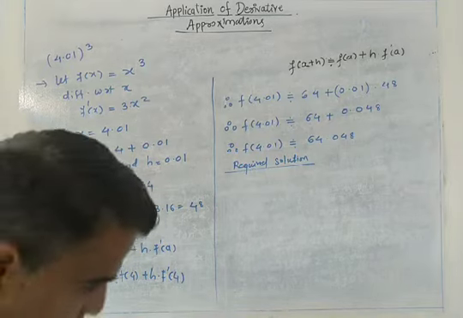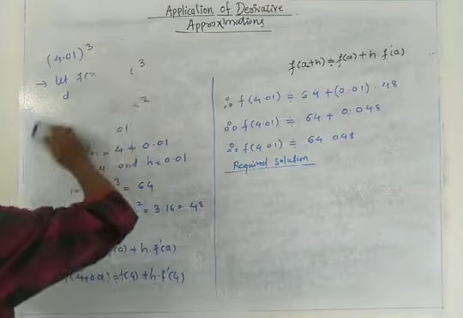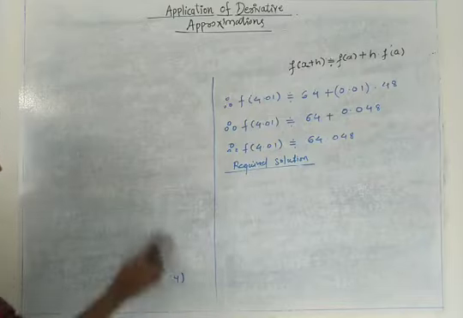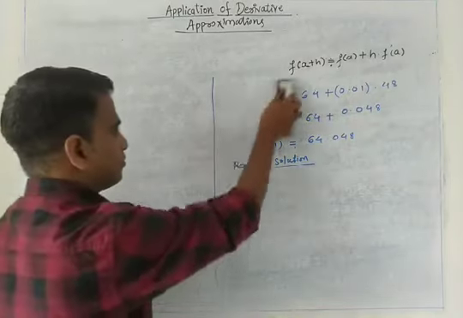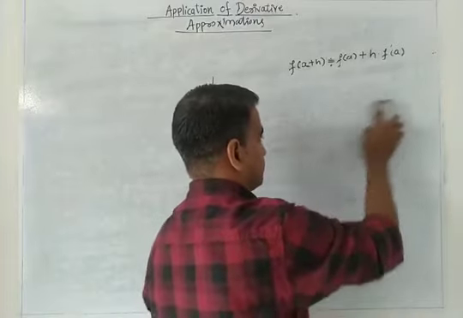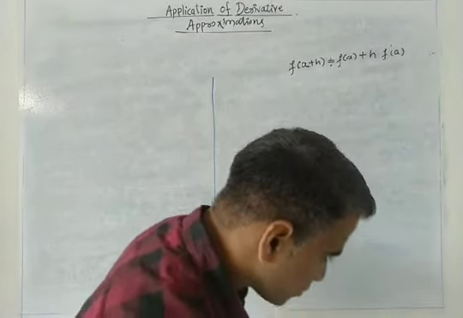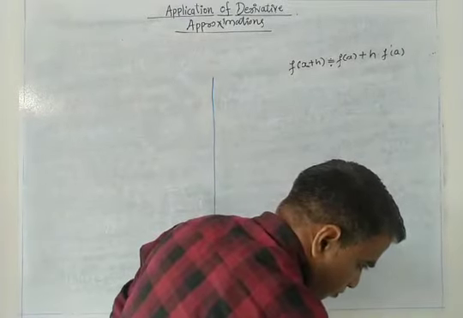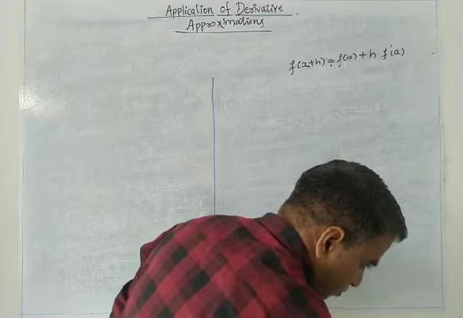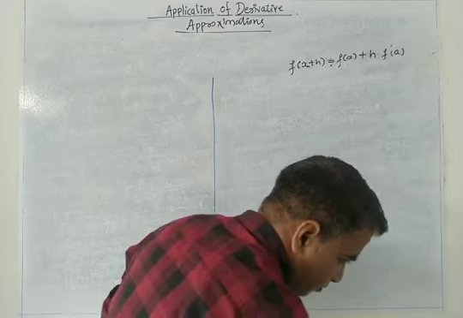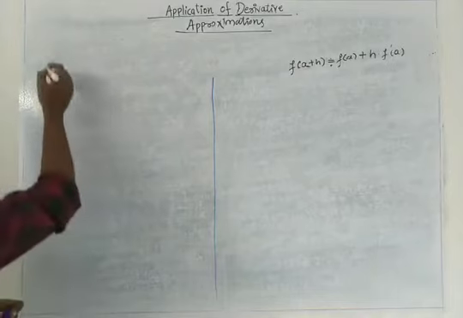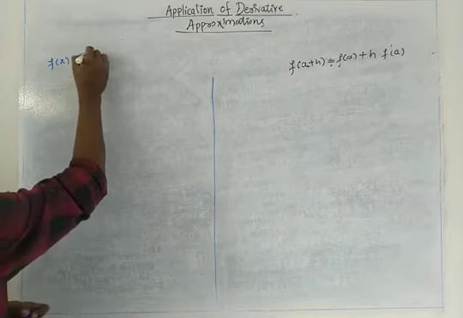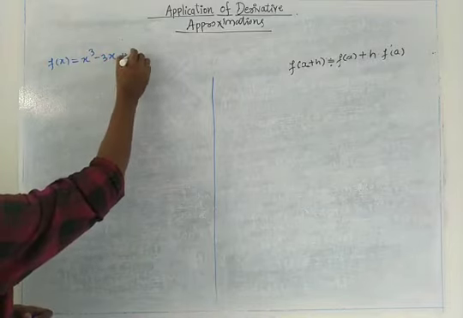Okay, so we'll see the next example. The next example is: find the approximate value of f of x is equal to, now the function is given there, x cube minus 3x plus 5.